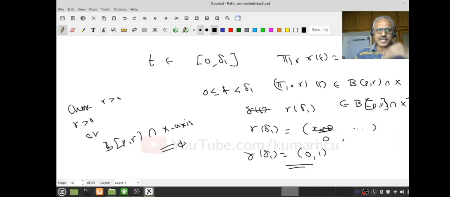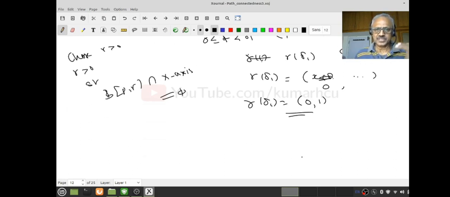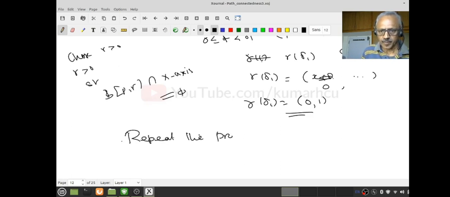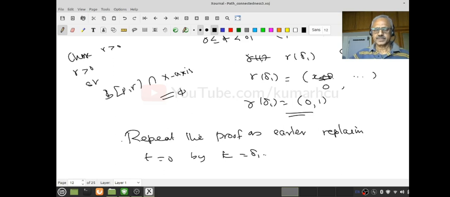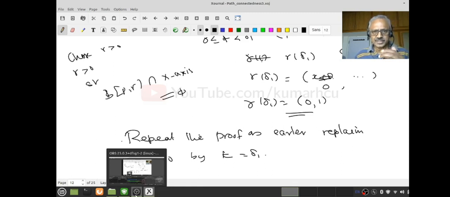Now repeat the proof as earlier, replacing 0 by delta 1. That's it. I'm sorry for the goof up. I had that in mind, but when I'm lecturing sometimes I'm more interested in explaining to you, so I forget to think.